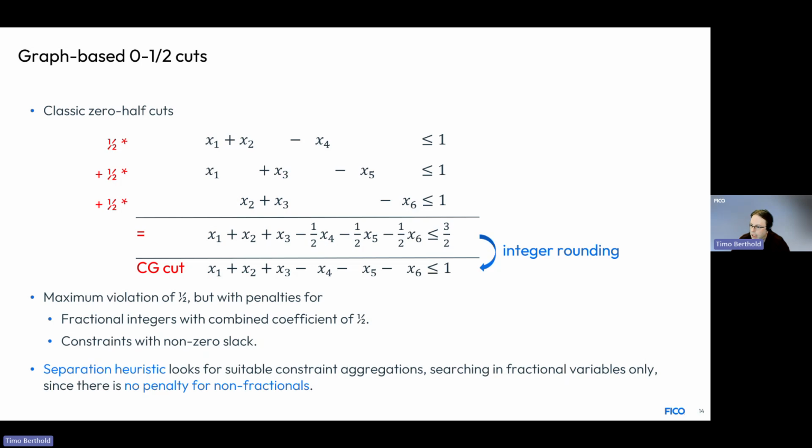And the right-hand side should add up to an odd number so that you can get this effect here. Also, these cuts are numerically very nice because you end up with all integer coefficients on the left-hand side. And of course, the right-hand side. You round everything that's involved after you aggregate it.